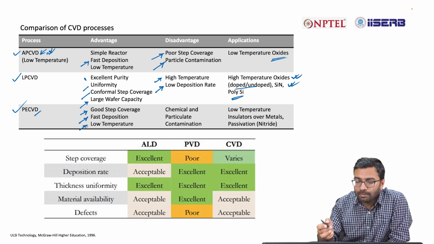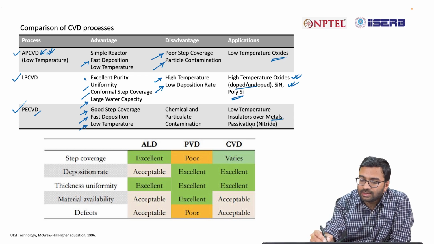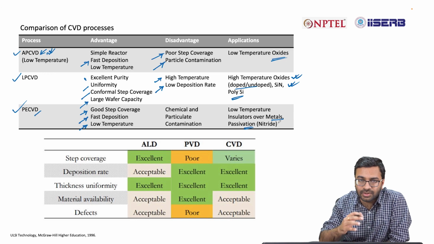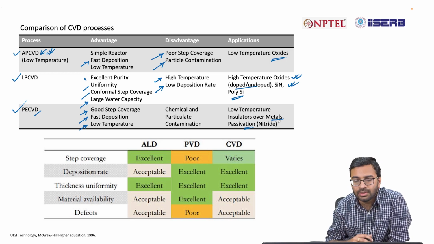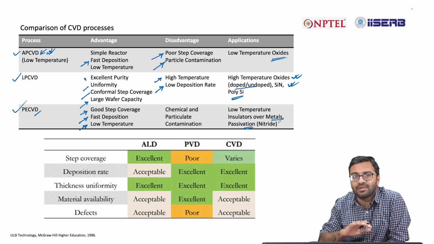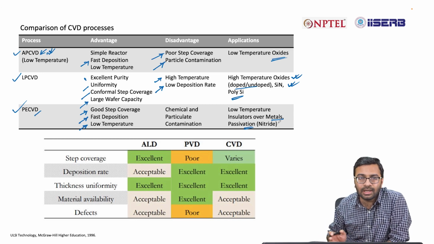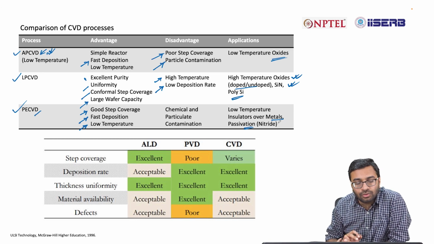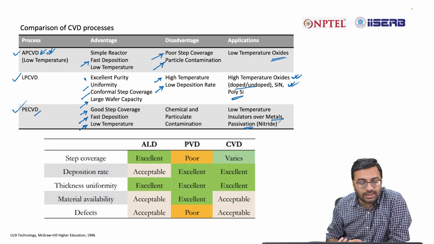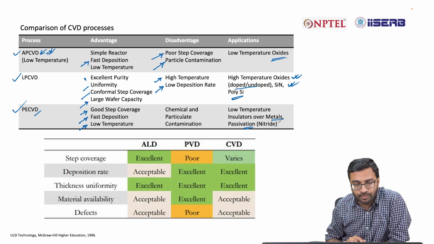So, usually low temperature insulator over metals, or for passivation, in order to put nitride. Passivation we will see in the coming slides what is a passivation. So passivation is like you make a surface non-reactive just by coating a different material on top, for example say nitride. So for passivation purposes PECVD is useful.